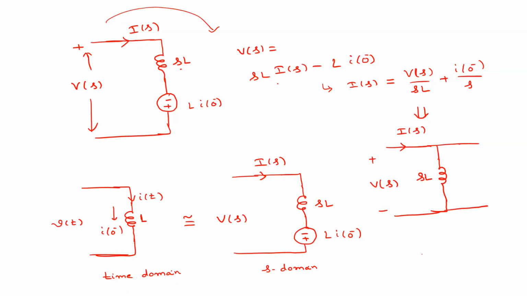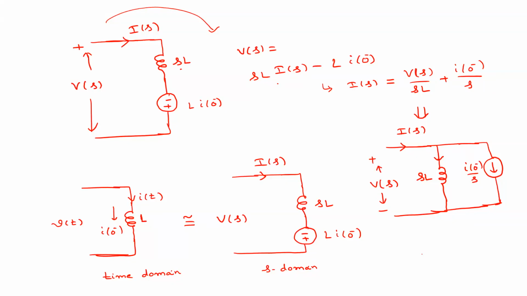Here the voltage drop we represented as a voltage source, right? So how to represent this? A current source. What is the polarity of this current source? Downward. So it will be downwards, right? What is the value of that current source? I of 0 minus by s. Understood?